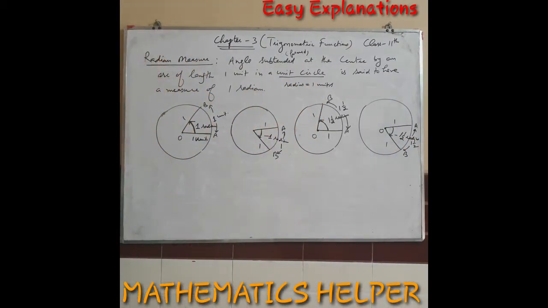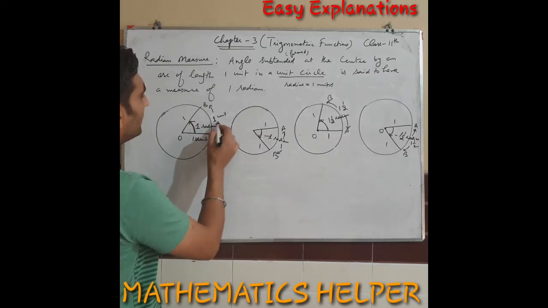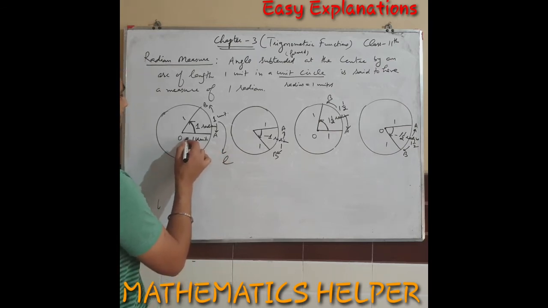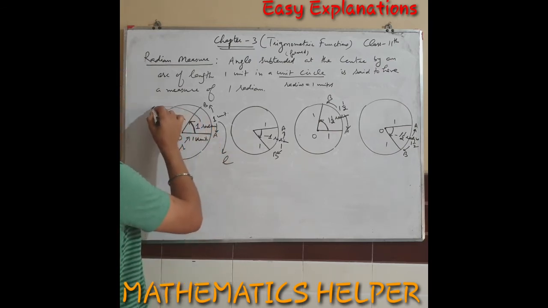We can write a formula in this case, between length of arc, which we can say is L, the radius, which we can say is R, and the angle, which we can say is theta.